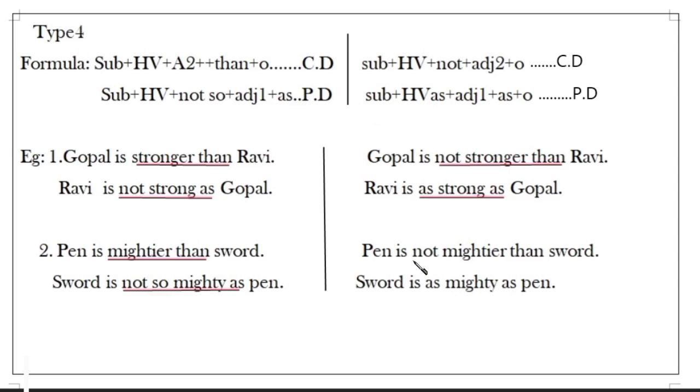It is a negative comparative, then the positive degree is written in positive form: Sword is as mighty as pen. If the question is given like this in negative form comparison, write the positive degree in positive form.